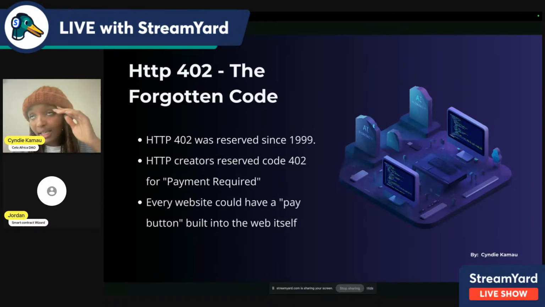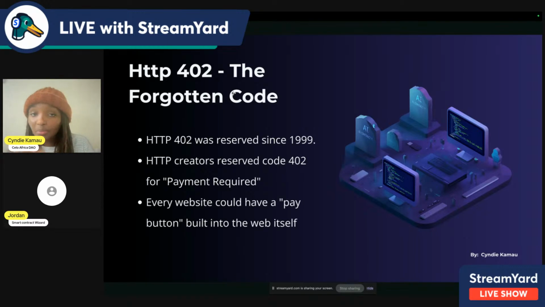They did the example for 401. 401 means you're not logged in, and once you're logged in, 402 requests for payment. If you're trying to access a service you don't have access to, it will result in an error. 403, you're logged in, but you don't have access to this. So that's how the 402 status code came to be.